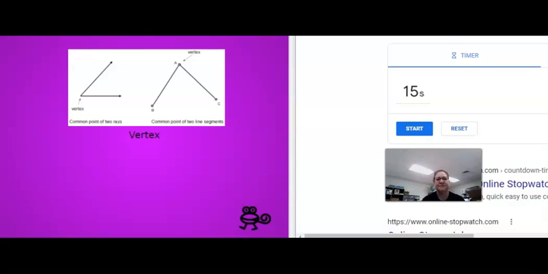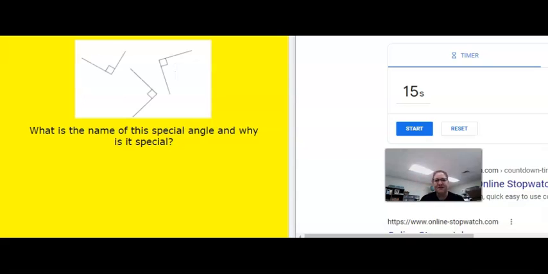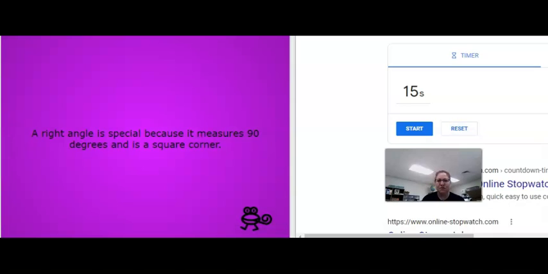Good job. What is the name of this special angle and why is it special? Yes, of course, it is a right angle. And a right angle is special because it measures 90 degrees and it's a square corner.